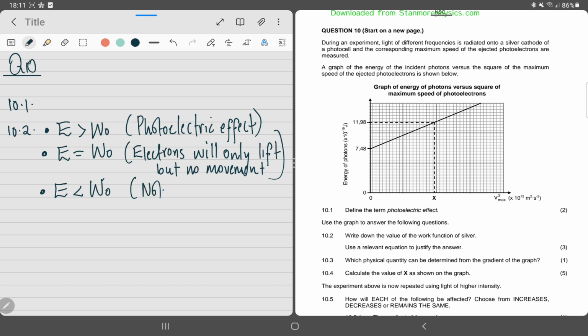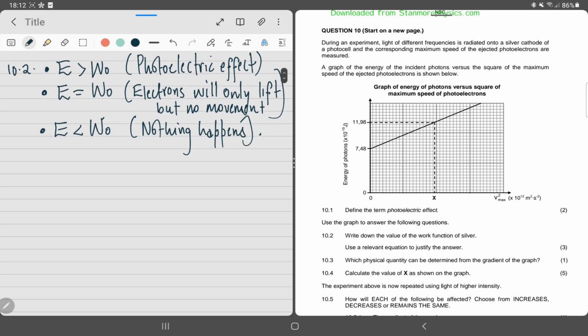So here nothing happens. So here, the y-intercept will represent your work function, because we know that in order for us to be able to determine the work function, the second scenario should hold true.